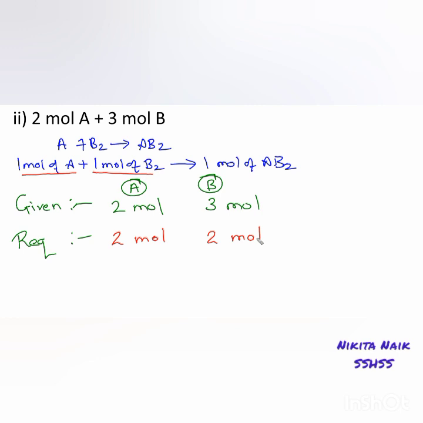Now, given is 2 mole of A and 3 mole of B. But 2 mole of A requires only 2 moles of B. So B is in excess. So B is the excess reagent, and therefore A will be our limiting reagent.